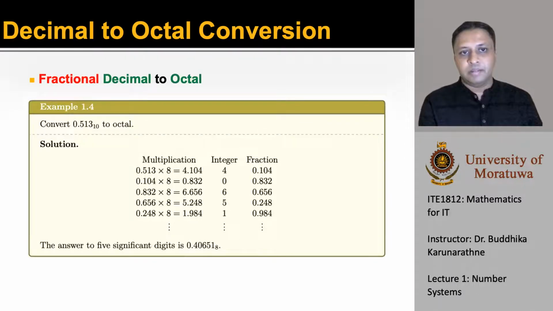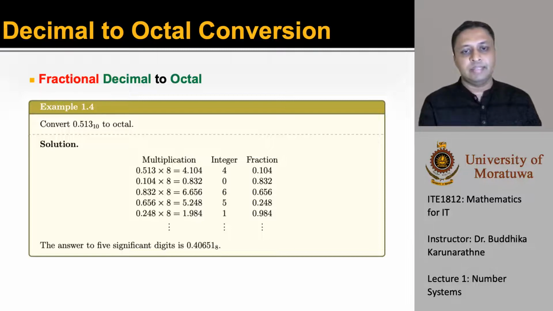And if you have a fractional part in converting to octal, you follow similar procedures to what you did for the binary conversion. So in this example, convert the 0.513 decimal value to octal. What you do is keep multiplying by 8 and write down the integer and fractional parts.